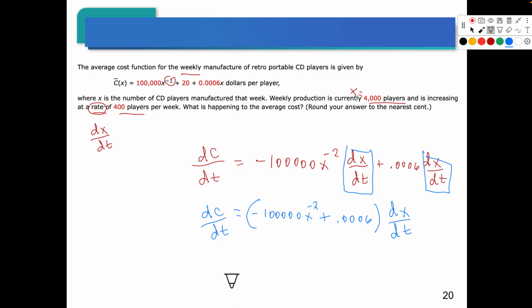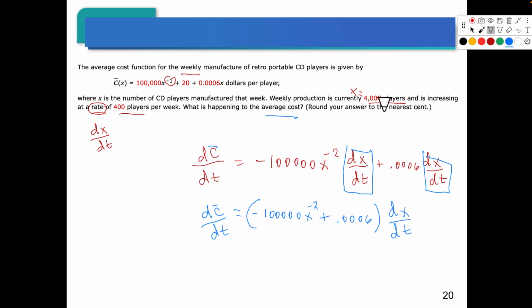Okay. Now what can we do? We can plug in the stuff we know. So what is happening to the average cost? Actually, this is the derivative of the average cost, so that's what we want to know. To figure that out, we're going to have to plug in what we know.